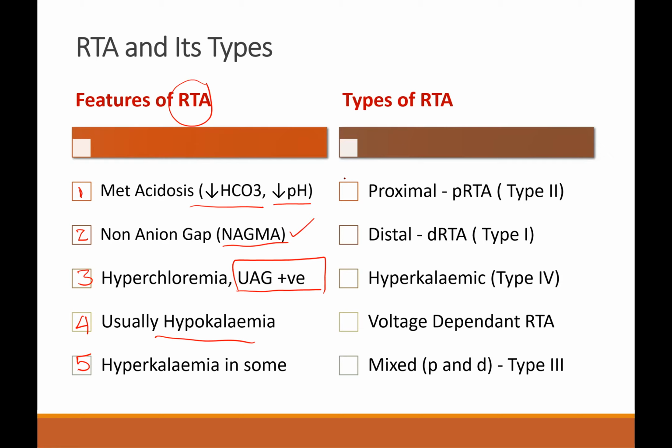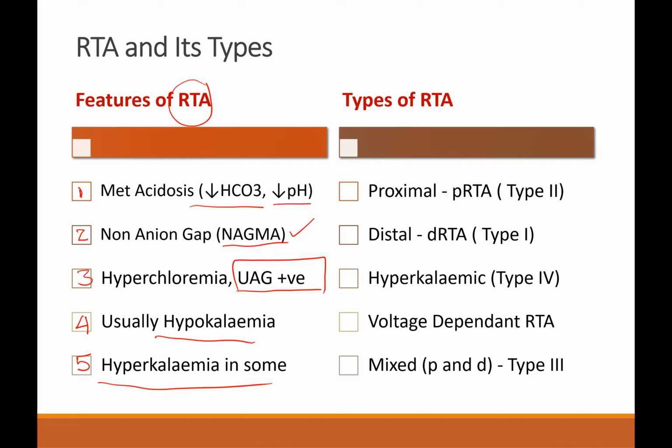Normally in a metabolic acidosis, we expect the potassium to be higher. Because of reasons which will be explained, here the potassium is lower, hypokalemia. Except this happens in type 1, type 2 and type 3, not in type 4, not in voltage gated, in which case we have hyperkalemia.